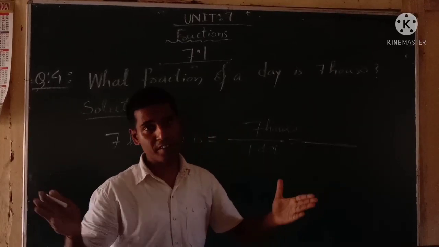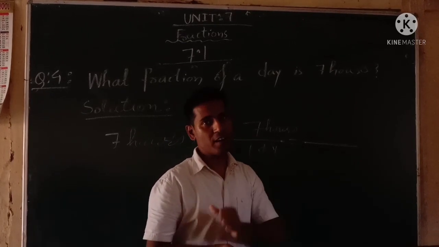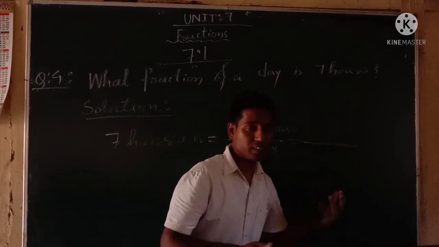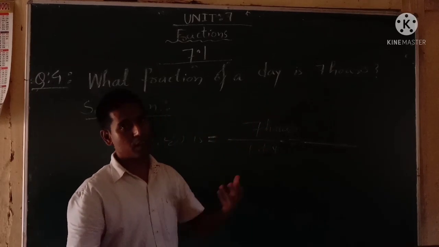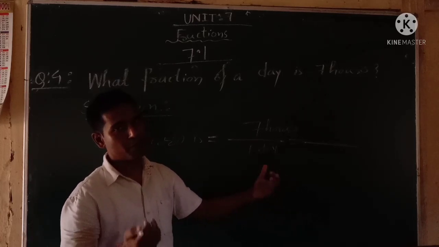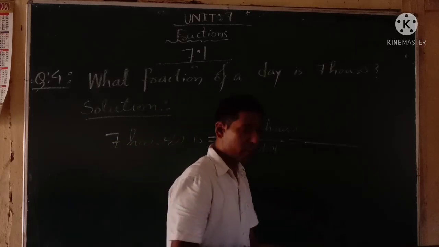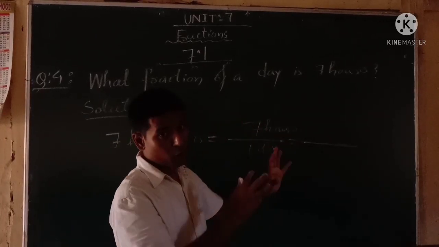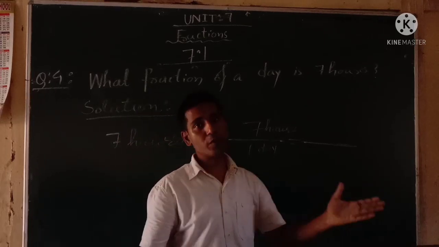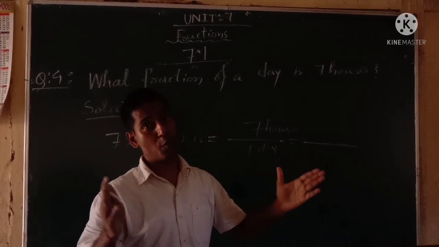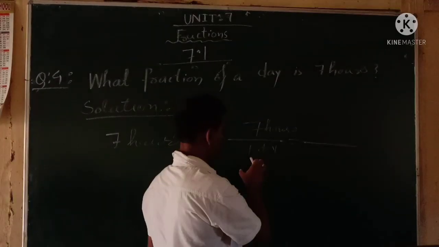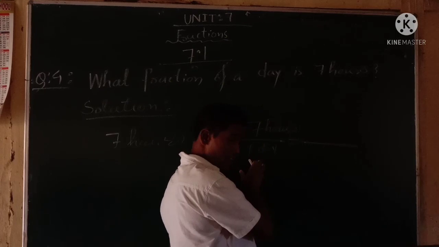We'll always convert the bigger unit into the smaller unit, because just by multiplying we can convert a bigger unit into a smaller unit. But if we convert a smaller unit into a bigger unit, we have to divide, and that will be a problem for us. So instead of converting a smaller unit into a bigger unit, we'll just convert the bigger unit to the smaller unit.